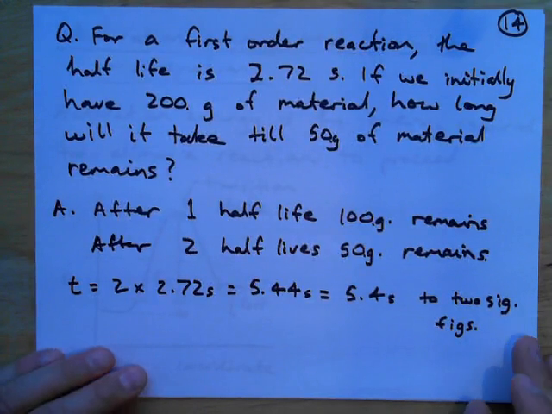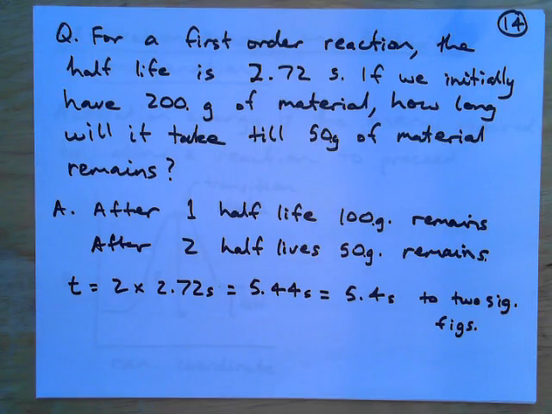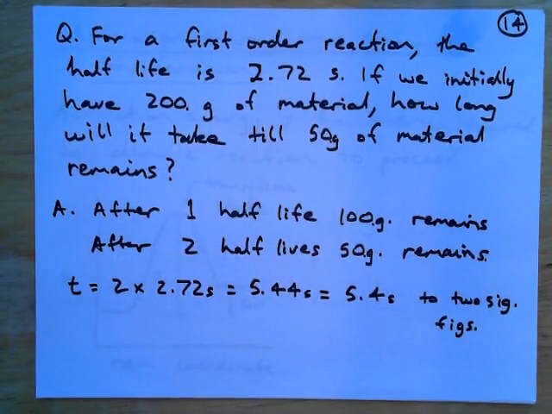For a first order reaction, the half-life is 2.72 seconds. If we initially have 200 grams of material, how long will it take till 50 grams of material remains? Half-life means the time taken till half the substance changes. So after one half-life, the 200 grams will be reduced to 100 grams.